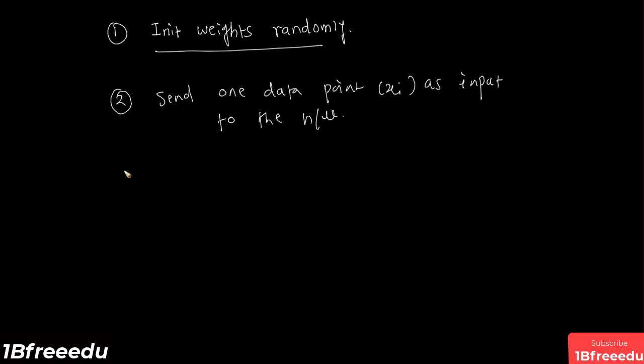Then what happens? Calculate the weighted sum at each neuron, and pass that sum to the activation function, and the result of the activation function will be the output of that neuron.